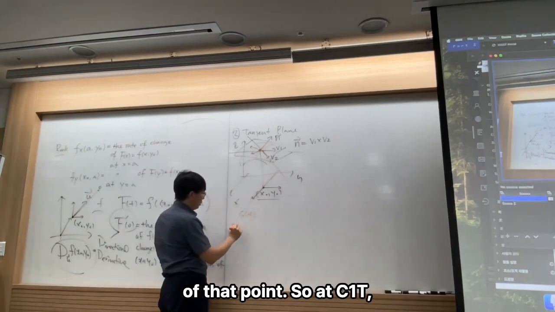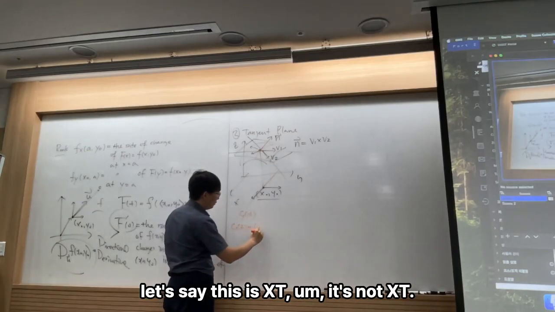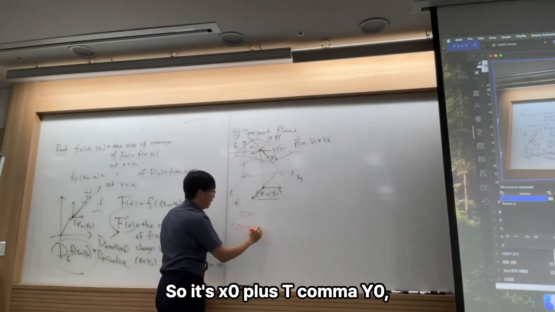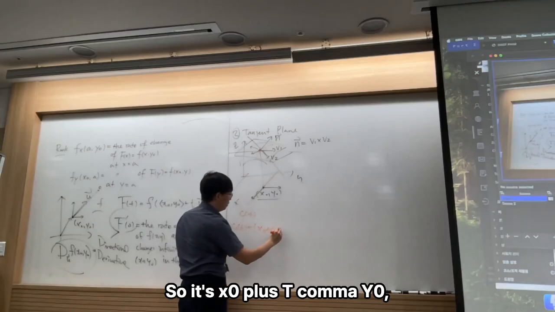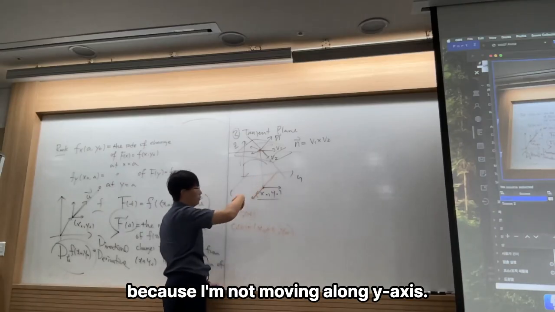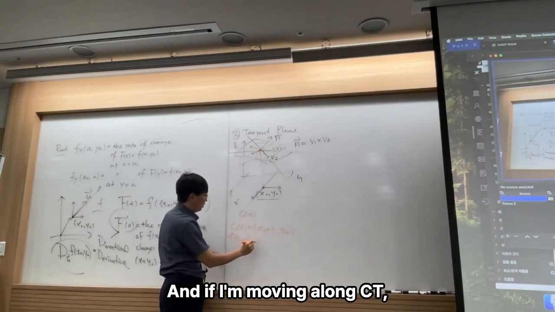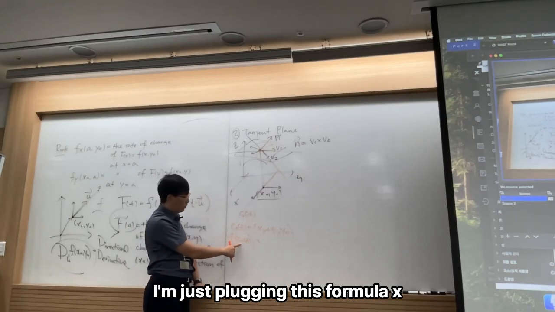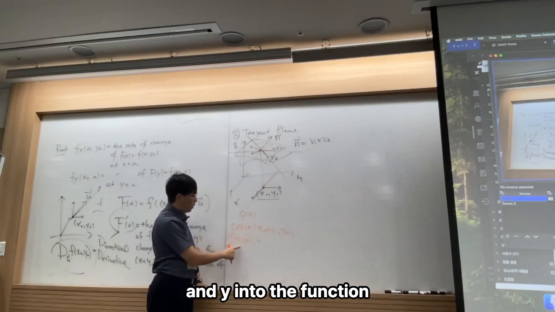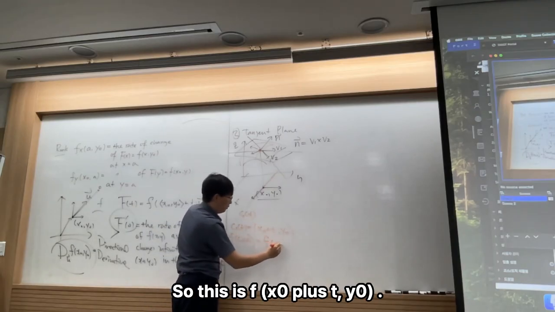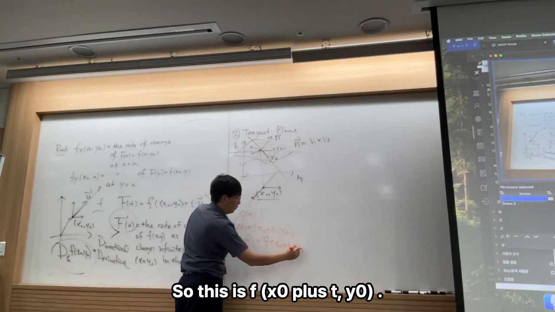So at C1(t), the point is x0 plus t, comma y0, because I'm not moving along the y-axis. To find the value, I just plug these x and y into the function, so this is f(x0 plus t, y0).